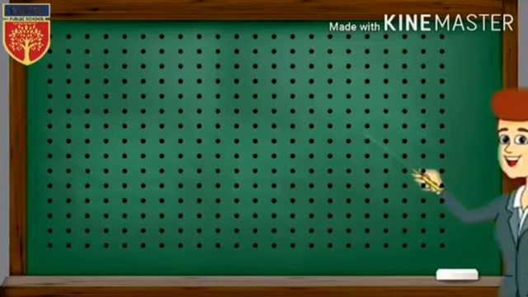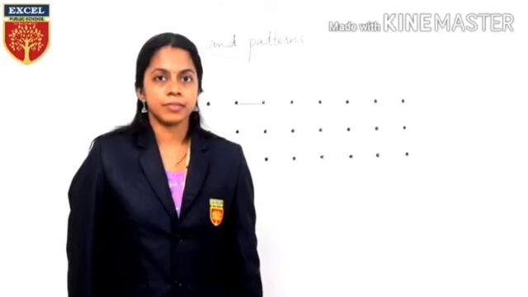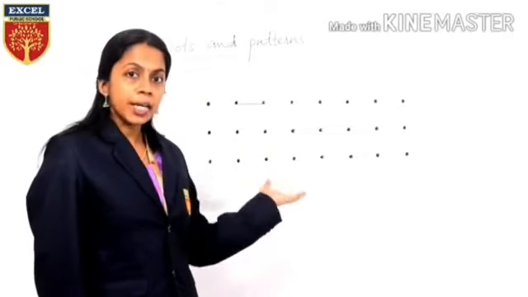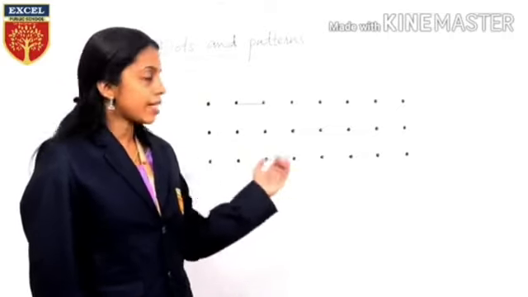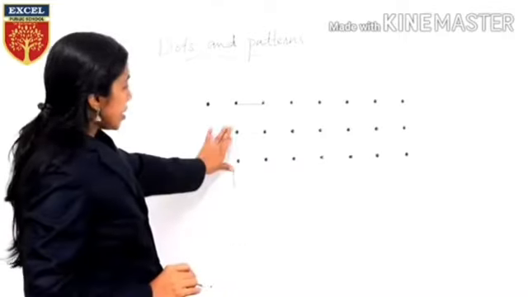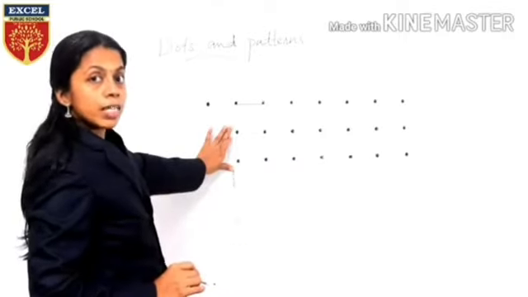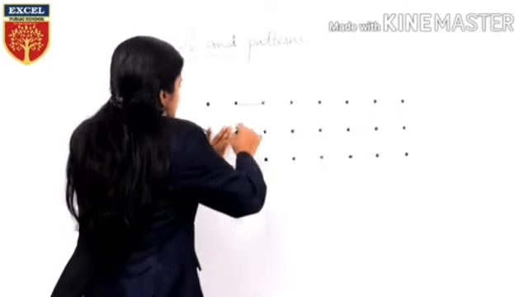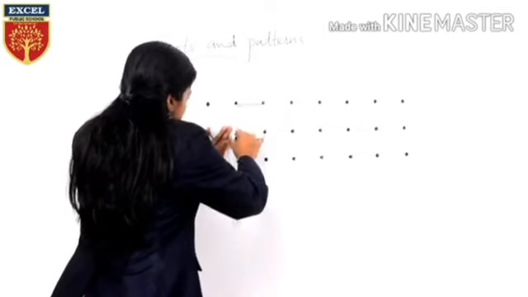Let's see this slide. This is a dot grid. By using this dot grid, we can draw shapes also. Let's see one example. By using this dot grid, I am going to draw a square. How to draw a square? By joining the dots, two continuous dots.